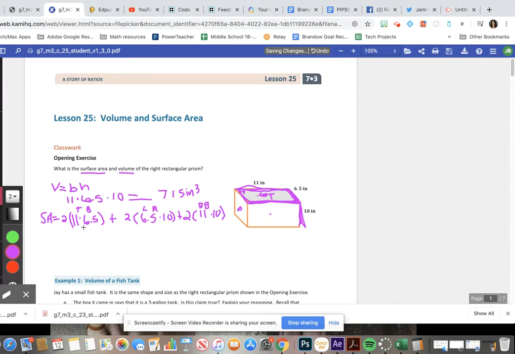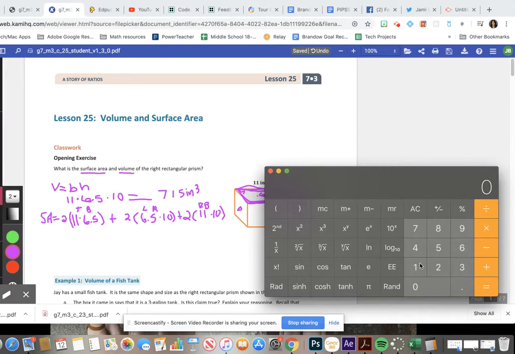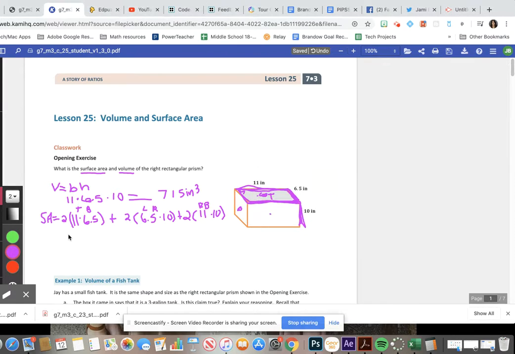So then we can start doing our math. 11 times 6.5 equals, and then I have to times that by 2, which is 143. And this would be inches squared because it's area. Then 6.5 times 10. When I times anything by 10, I'm basically just moving the decimal over.